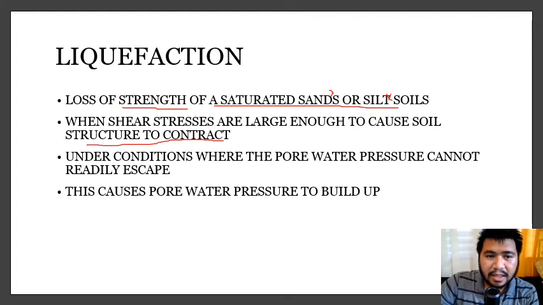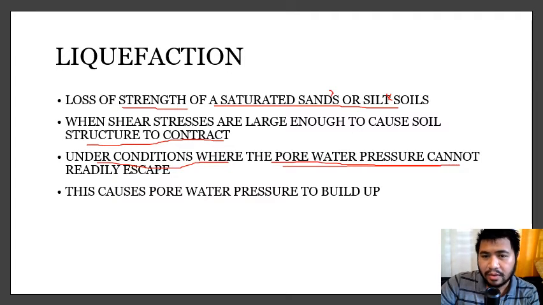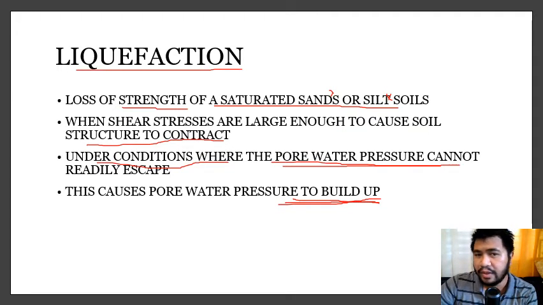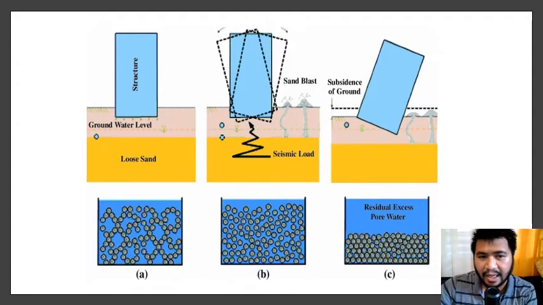When the shear stresses are applied fast enough or large enough, it's possible for the existing pore pressure to not be able to escape, so it just builds up. When you have enough buildup of pore pressure, you can lose a lot of effective stress during an earthquake. And when you lose a lot of effective stress, the soil ceases to exist as a solid. It turns into a fluid or a liquid. It behaves basically like a liquid.